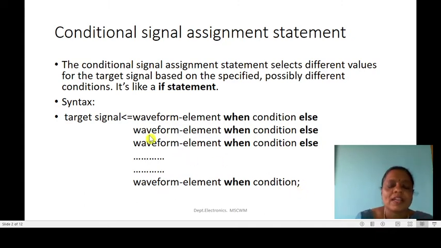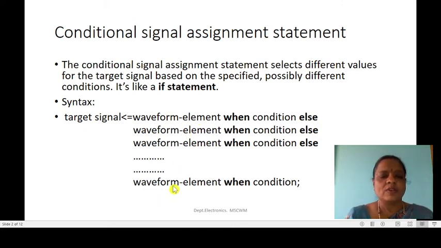Next, what do you mean by the waveform element? Waveform element, that also we studied in creating signals. Those who are unable to remember what the waveform elements are, just go and see the creating signals video, where I have explained what the waveform elements are.